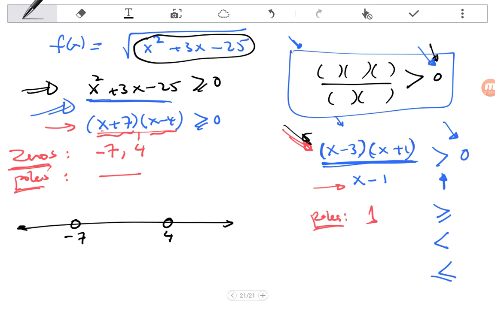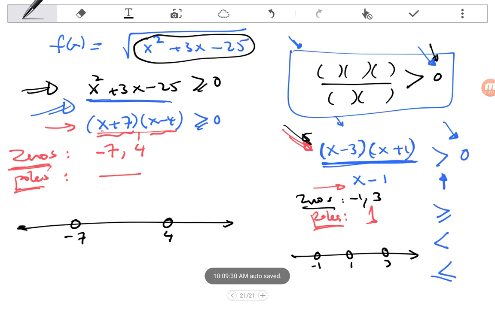For this expression, for example, we'll put 3. What are the zeros in this expression? Negative 1 and 3. So we'll put negative 1 and 3. Okay, we'll put all of these on the number line.